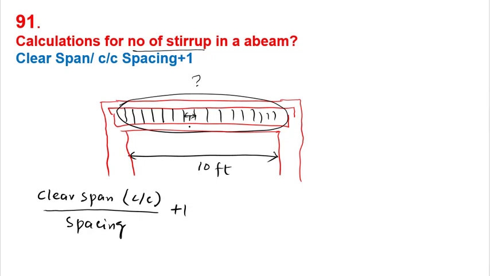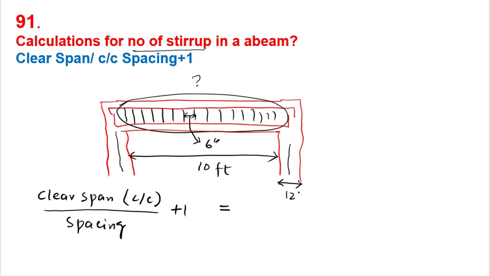Let's say the distance between these two is 6 inches, right? So what will be the number of stirrups for this beam? We need to take the clear span, but we need to include it from center to center, center of this column to center of this column. So the size of the column, let's take it as an example too.